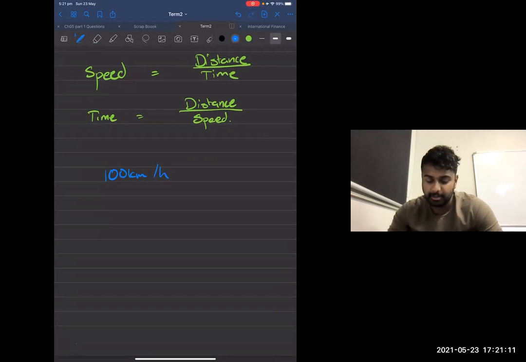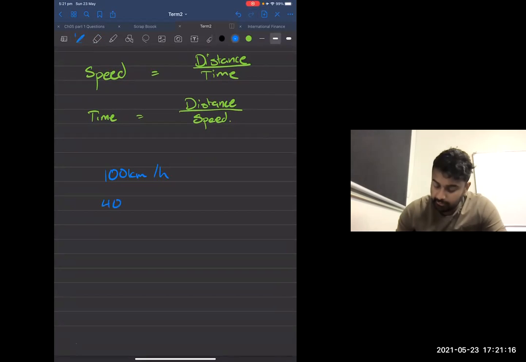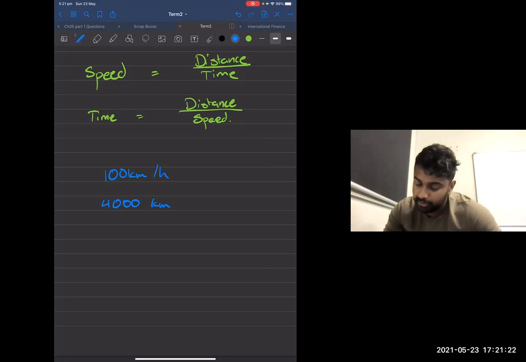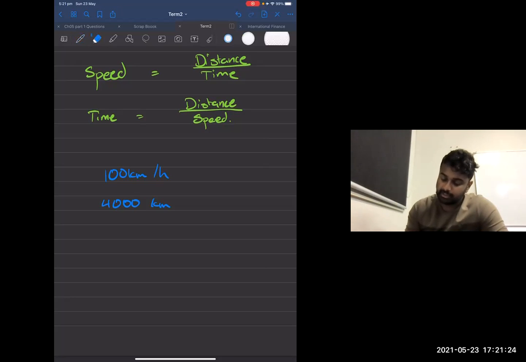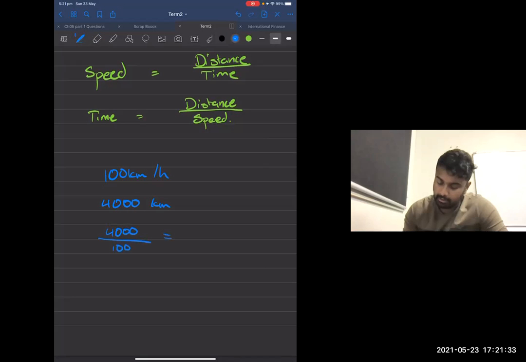In Australia. Sydney, right. He's driving to Sydney, which is 4,000 kilometers away. If I were to ask you to find how long it takes him, what do you do? You do distance divided by speed. So the distance is 4,000. The speed is 100. So you do this divided by 100. And what do you get? It takes him 40 hours to get to Sydney.